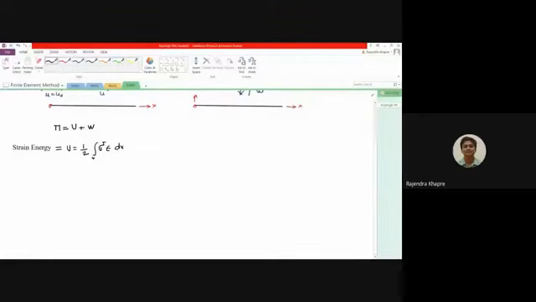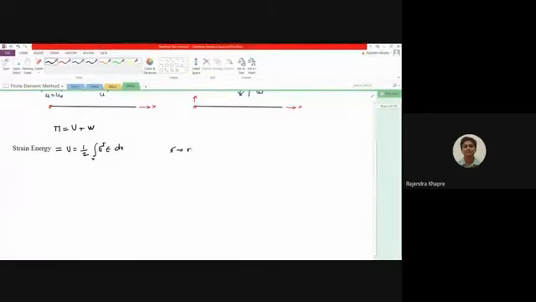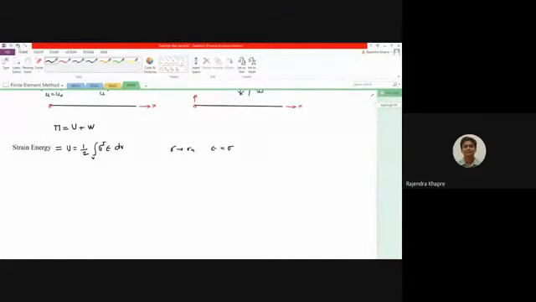So this is the generalized expression for the strain energy. Now whenever you are dealing with the bar, your sigma is nothing but sigma x, and your strain is the strain symbol epsilon x.